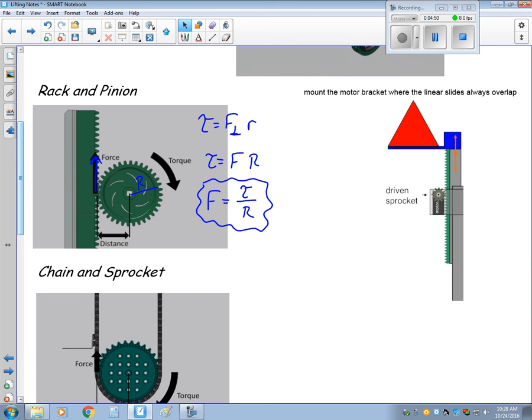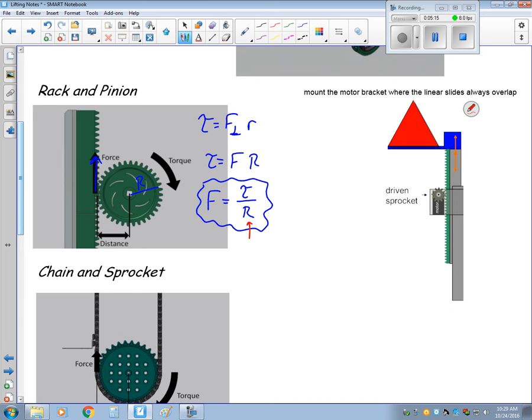If we assume the torque to be constant, so the motor cannot supply any greater torque, notice that as I use bigger gears, as R becomes bigger, I have less force it can apply. So these rack and pinion setups work better with smaller gears. You get the most force using a smaller gear.